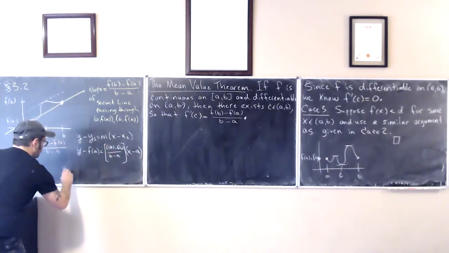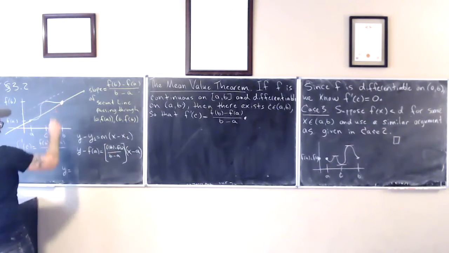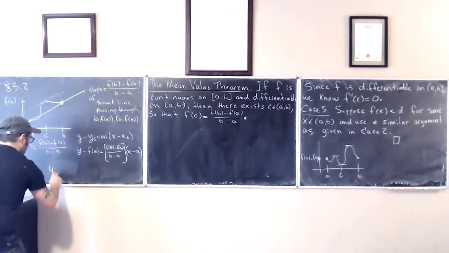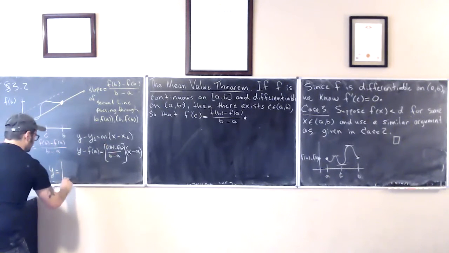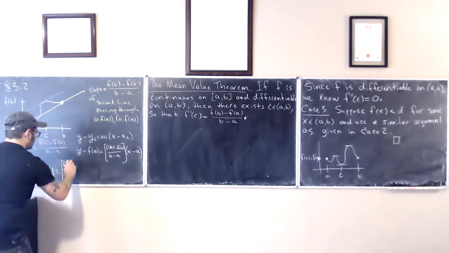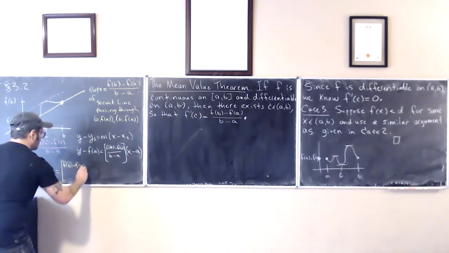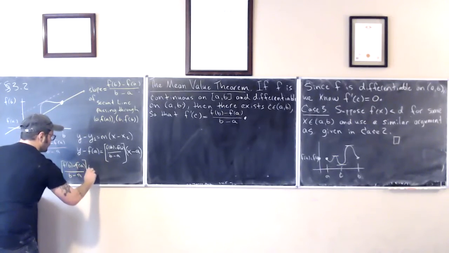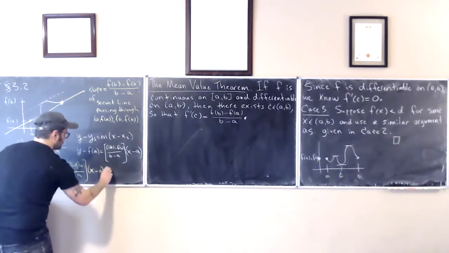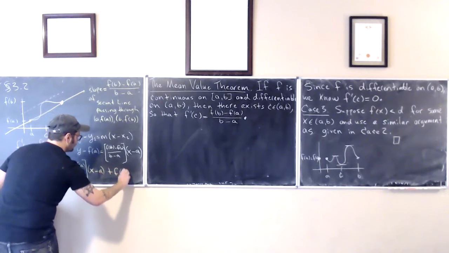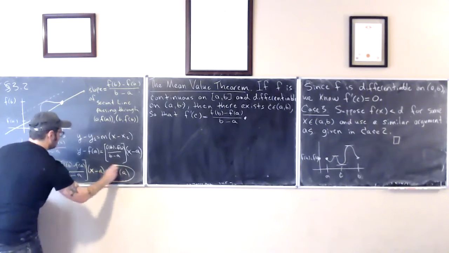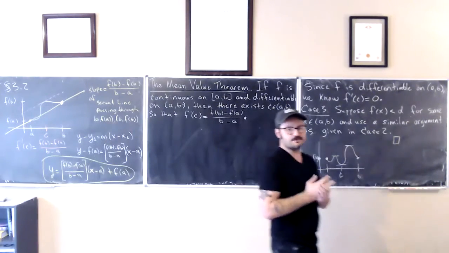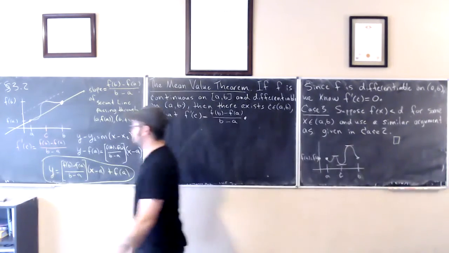So then I see that y, the secant line, this yellow line here, is equal to f of b minus f of a all over b minus a times x minus a plus f of a. So that's the equation of that line. And we're going to use that in the proof. There's a reason why I wanted to write this down.